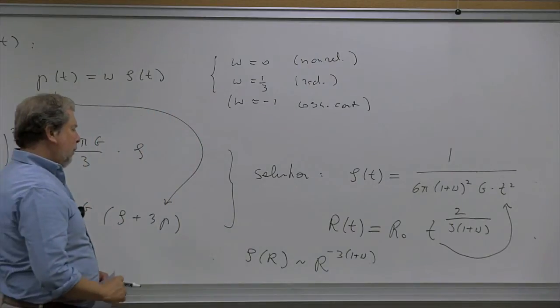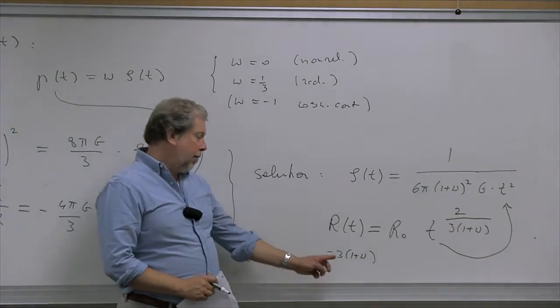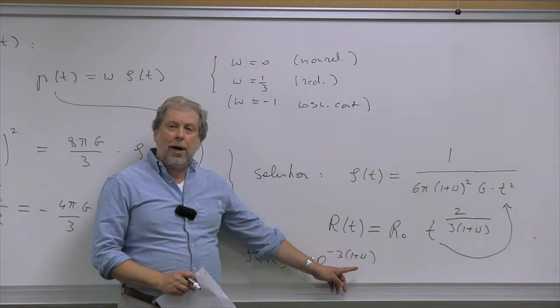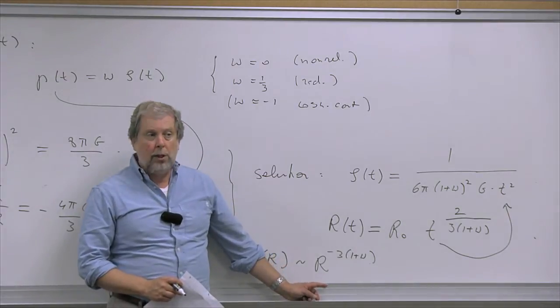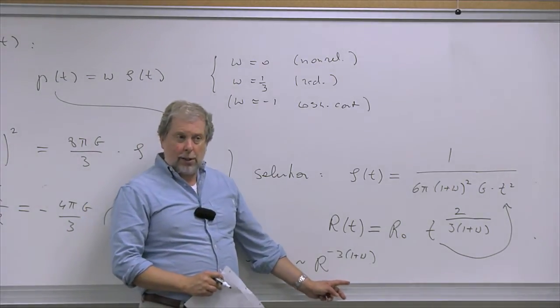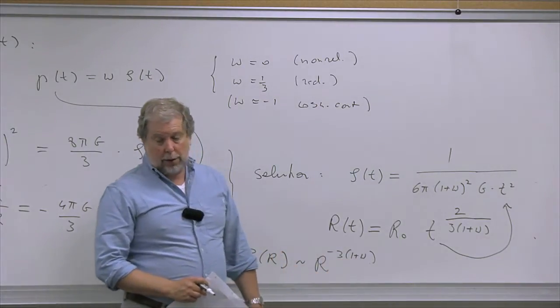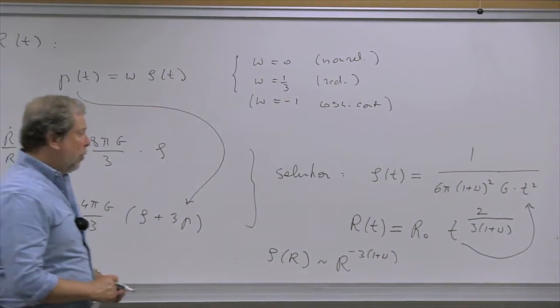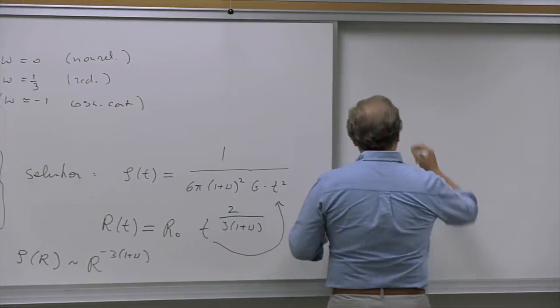Right? So in fact, this is in agreement with what we said before, namely when you have non-relativistic matter, w is 0, and the density goes like 1 over R cubed. When you do have relativistic matter, then w is a third, and rho goes like 1 over R to the fourth. Right? So we can make a little plot.